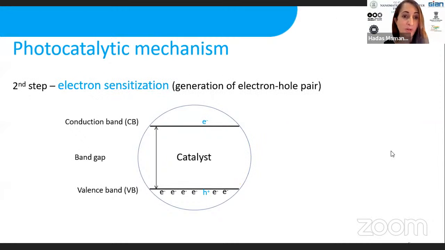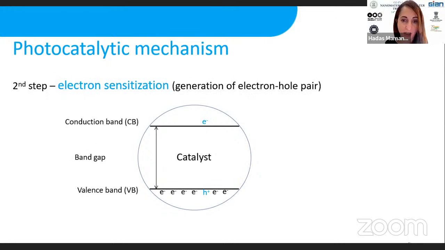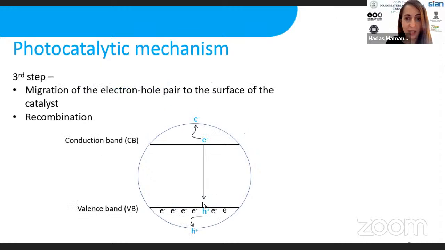The next step would be electron sensitization and generation of the electron hole pair. So if we look here, we can absorb light and then generate the electron hole pair. The next step would be migration of the electron hole pair to the surface of the catalyst. So we see here migration of the electrons and the holes to the surface of the catalyst.